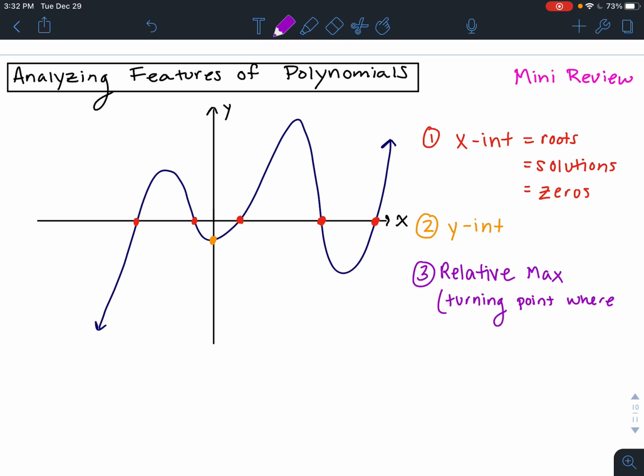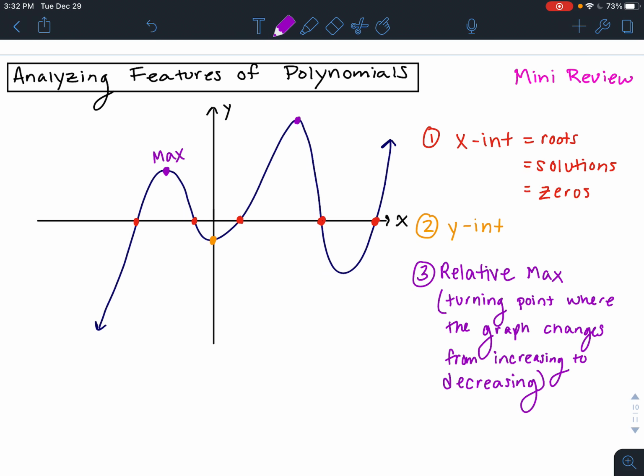Right, remember we read graphs from left to right, where the graph changes from increasing to decreasing. Right, so we go from going up a hill to then going down a hill. So this function has two relative maximums. So we have one up here and one over here.